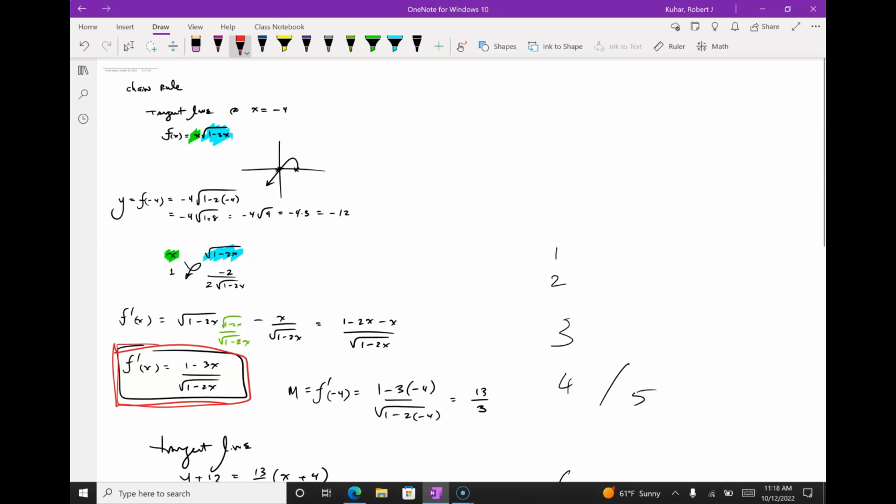So remember a square root function, right?